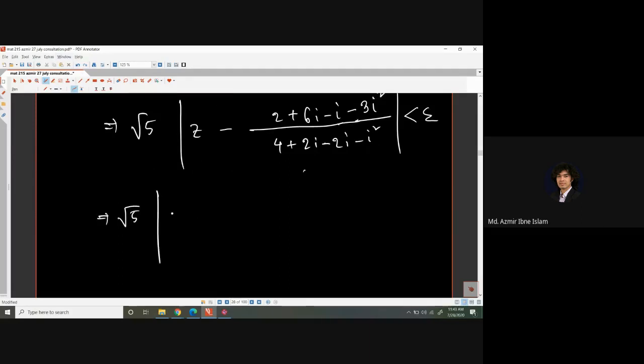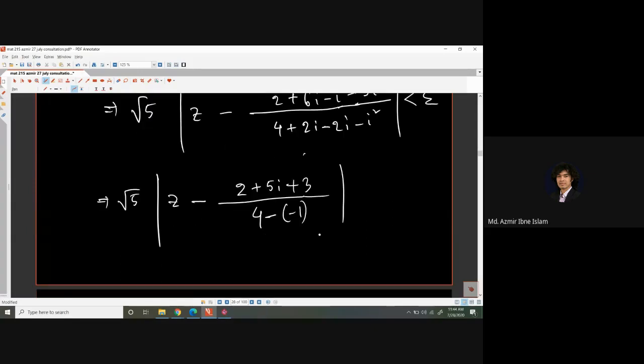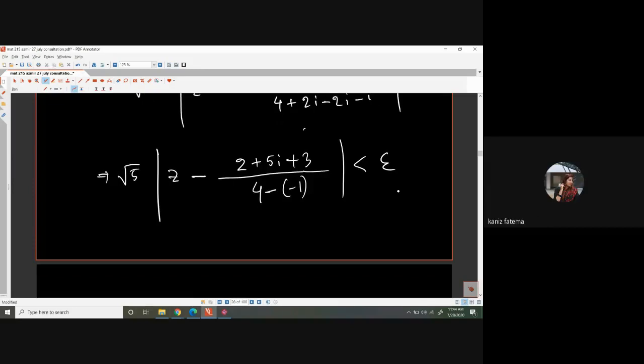Root over 5, z minus, so 2, and then 6i minus i, you are getting plus 5i. From this part, i squared is negative 1, so negative times negative is positive, you are getting plus 3. Here 2i and negative 2i cancel, so we are getting 4. Negative i squared is positive 1. So we have this. Is it okay? Yes, sir.